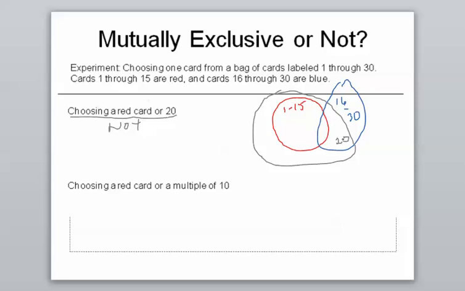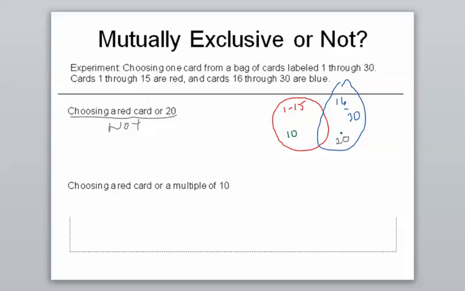Okay? So let's look at the probability of choosing a red card or a multiple of 10. Well, that is a little bit different. Here we're looking at multiples of 10 being in both of these sections.